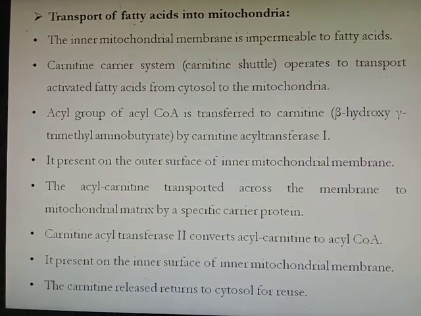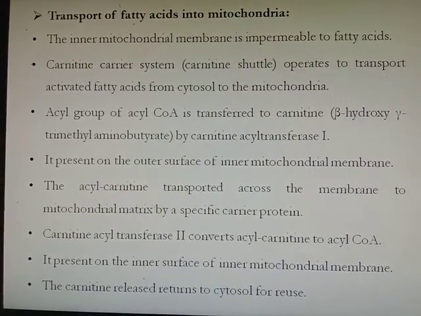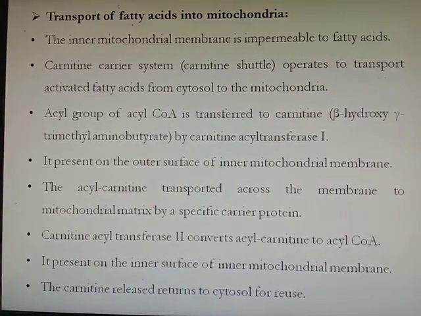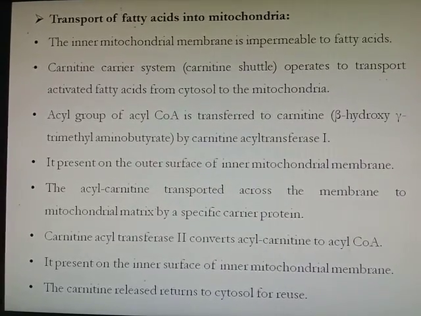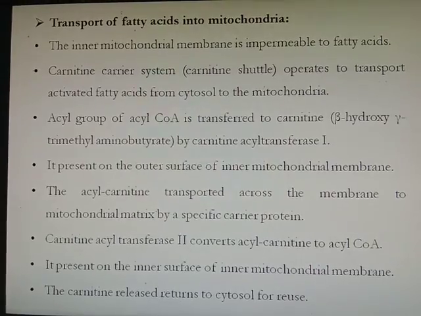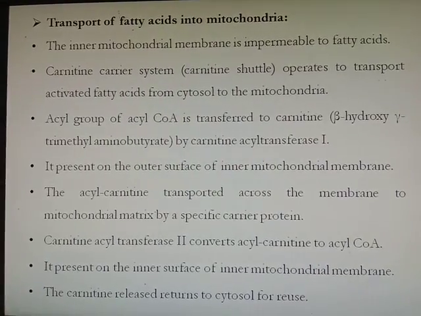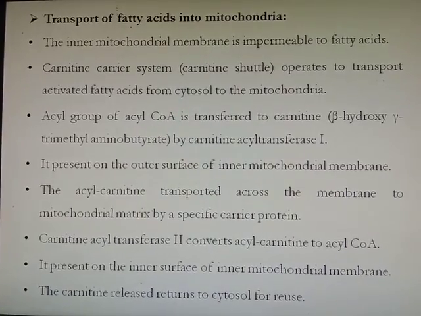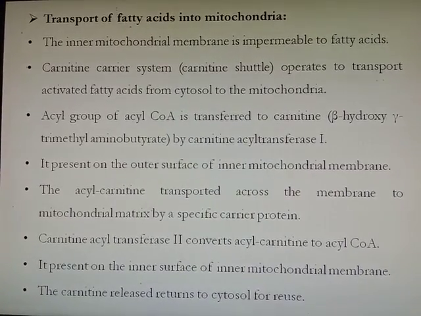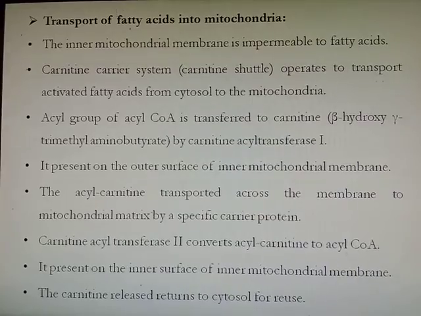In the first step, fatty acid is converted into fatty acyl coenzyme A. From that, the fatty acyl group is transferred to carnitine, and this reaction takes place by the enzyme carnitine acyl transferase 1.